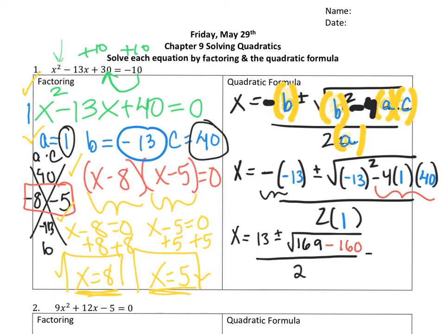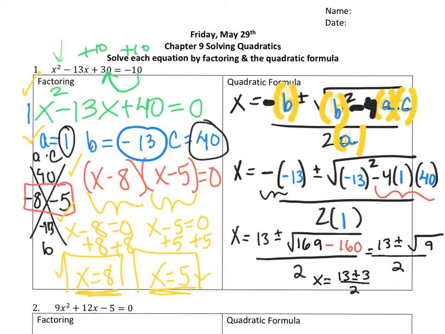So then we have 13 plus or minus square root of 9 over 2, right? Because 169 minus 160 gets us 9. Then the square root of 9 is 3. So we have x equals 13 plus or minus 3 all over 2.